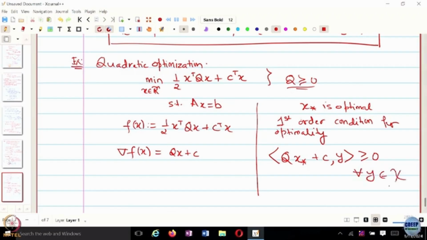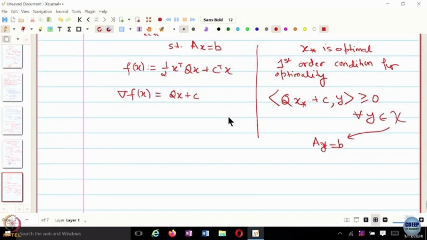The constraint set is defined by the equality constraint Ax equal to b, or Ay equal to b rather. So this is the first order condition. Another way to look at this is that we know Ay is equal to b because y is a feasible point in the constraint set. Every optimal solution or optimizer is also a feasible point, so Ax star should also be equal to b.